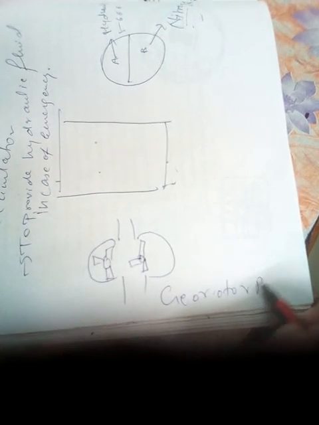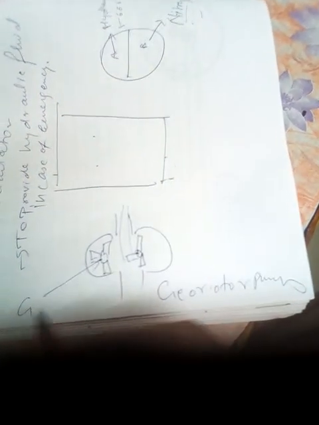This is your G rotor type pump. As the fluid enters here, the gears will rotate at high speed, and this causes the varying fluid flow rate.